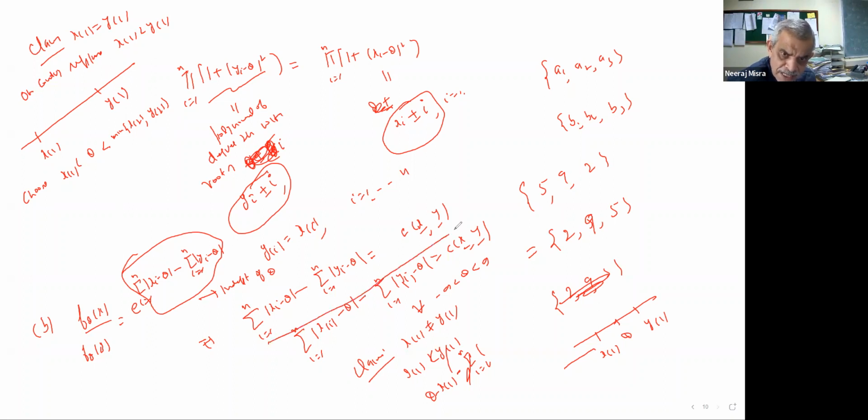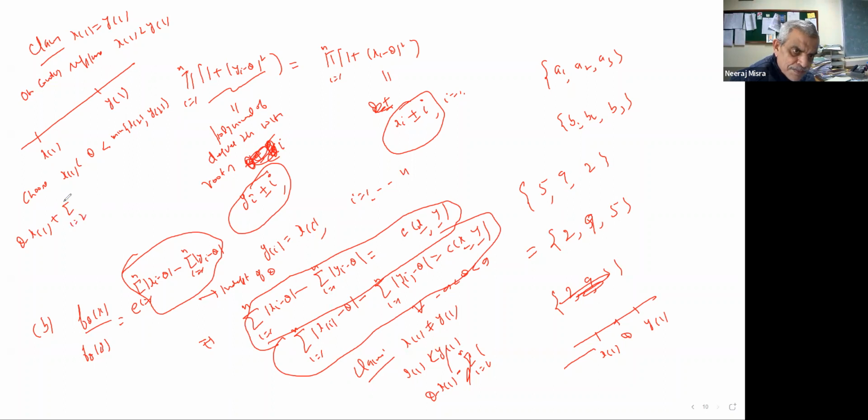Then what does this quantity say? The first term would be nothing but, theta is over here, so theta minus X1. But theta is smaller than the rest of them, so it would be the summation for i equal to 2 to n of xi minus theta.